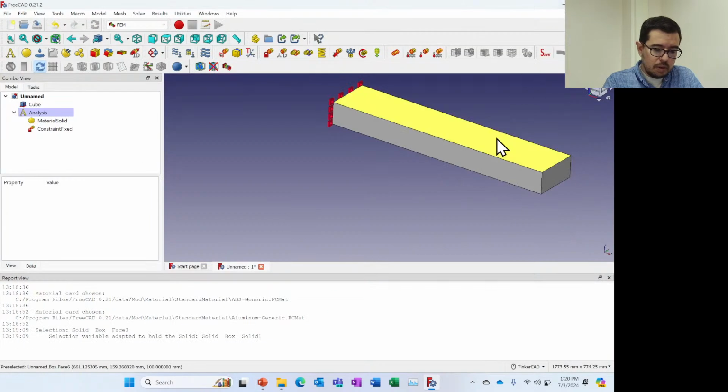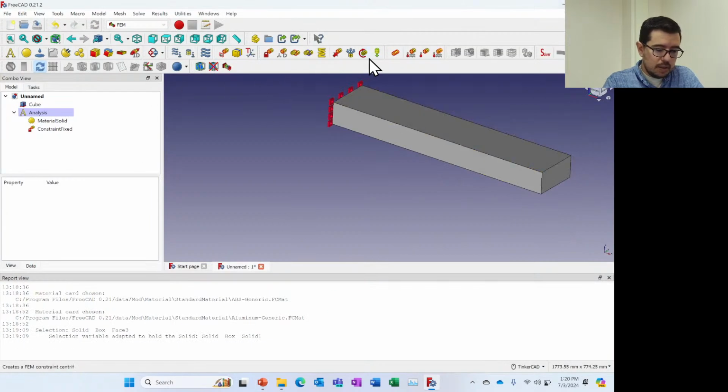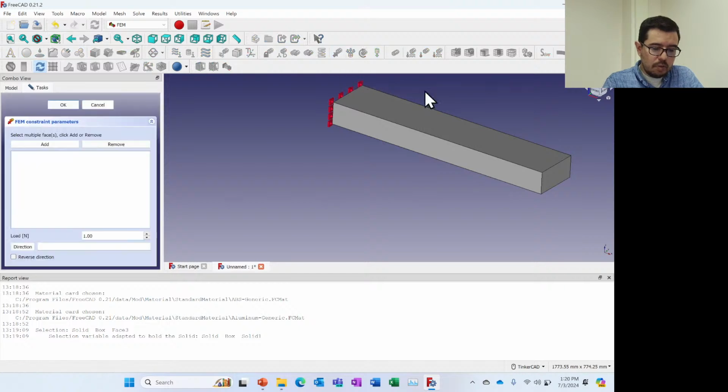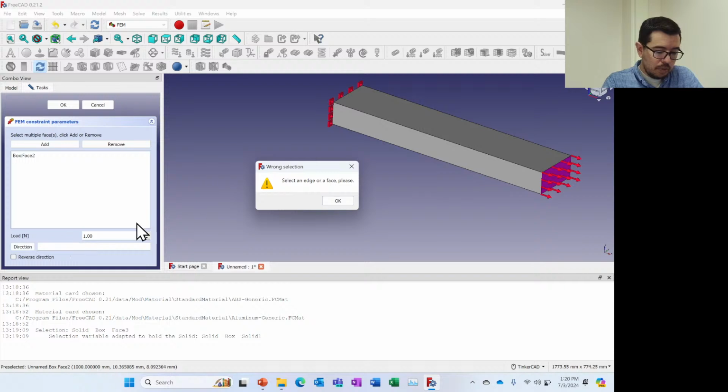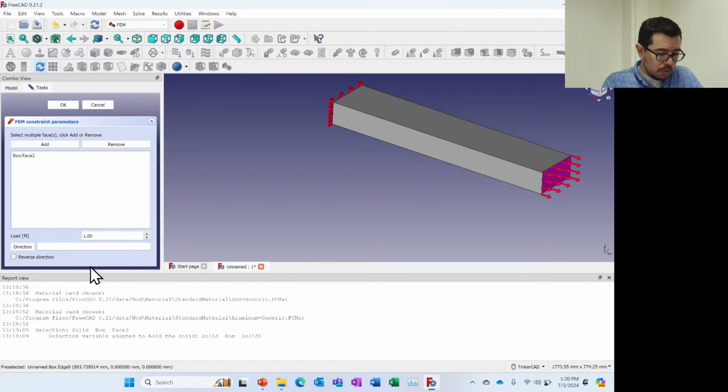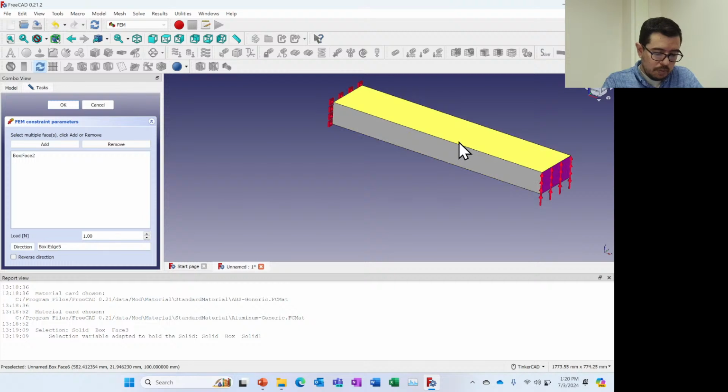So we come over here, and we click on this icon, which represents constraint force. I probably have to add first, then click on that. And that's coming out. That's not what we want. So we're going to change the direction by clicking this little edge, which will give us the option to have it normal.